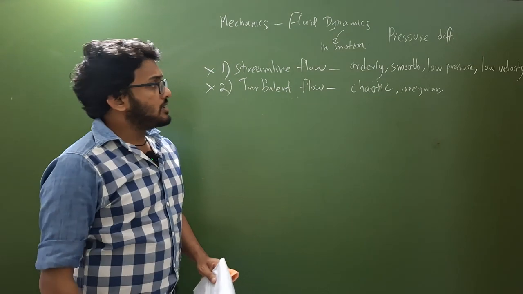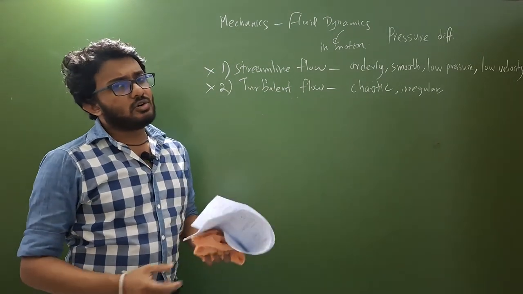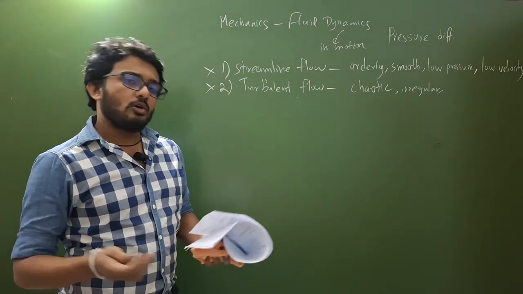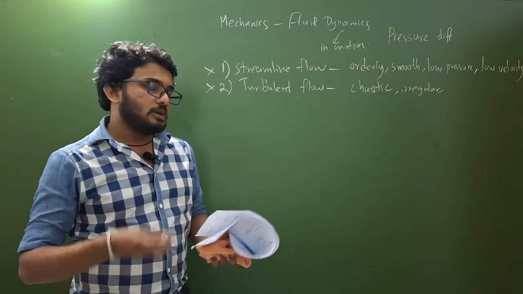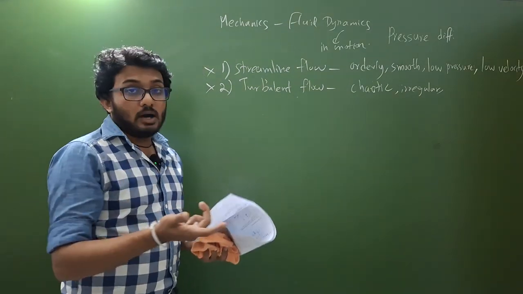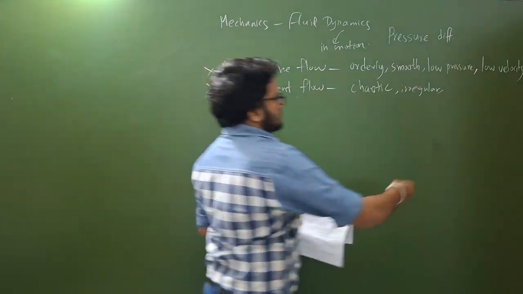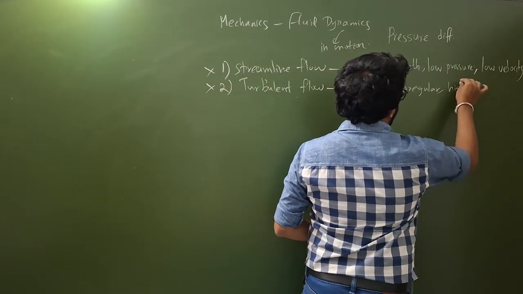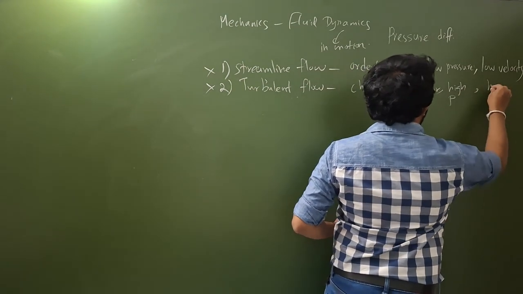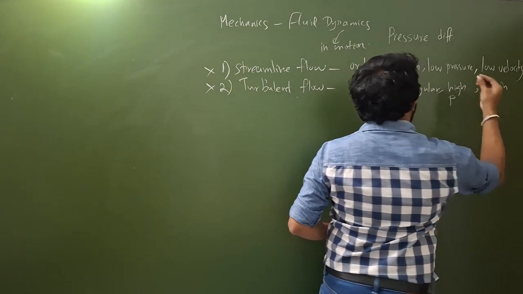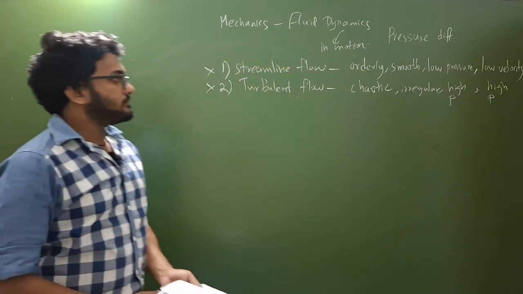If the flow is chaotic, it should not be flowing under a low pressure difference, right? The pressure difference should be high, and also due to that, velocity is also high. So this is flowing at a high pressure, and they have high velocities as well.